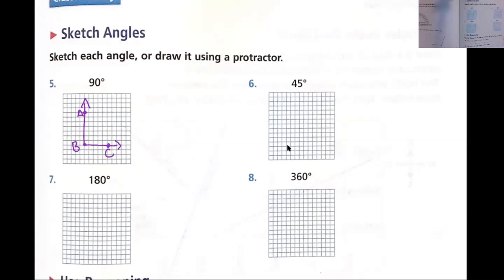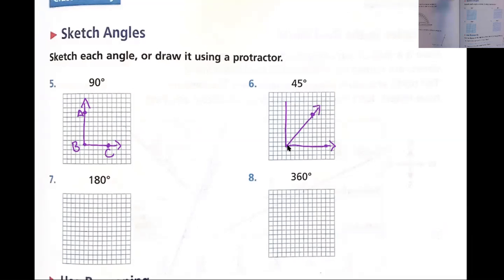Now for a 45-degree angle, it is half of a 90-degree angle. So you could do one of two things. You could either use your protractor and measure out a 45-degree angle and draw that out, or you can take a 90-degree angle and then cut that 90-degree angle in half.